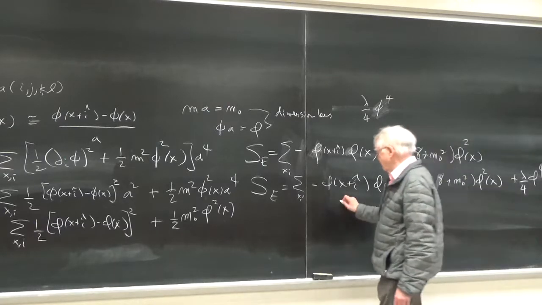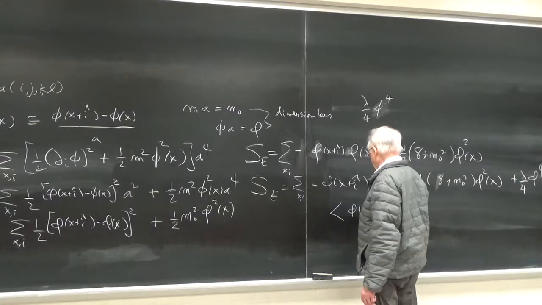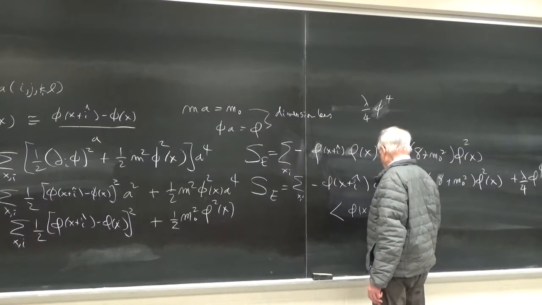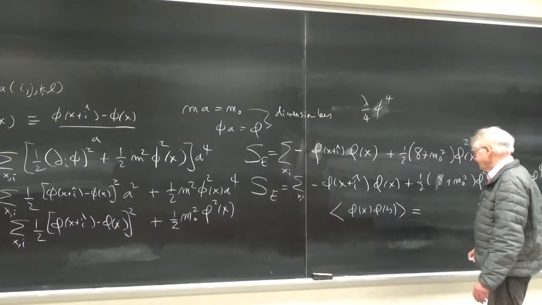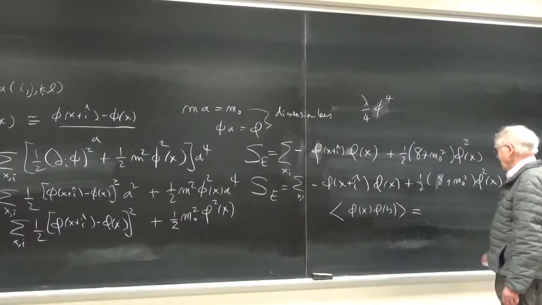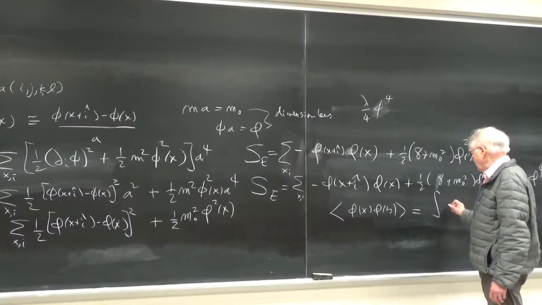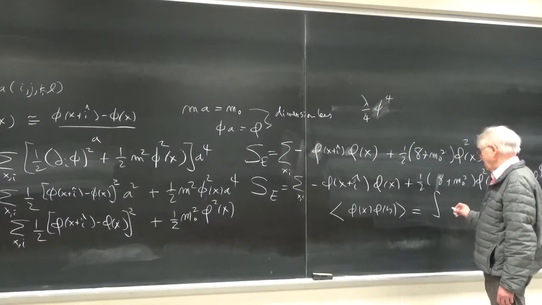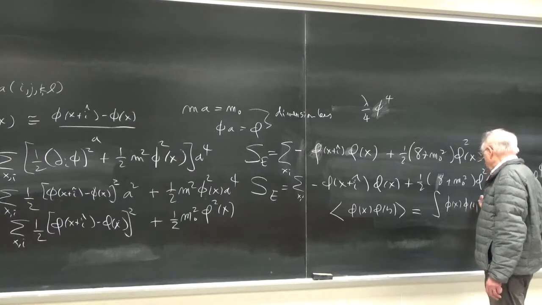And so you could compute, for example, phi of x, phi of y. This would be a propagator. And this would be, as a functional integral, let me just go to the dimensionful representation.